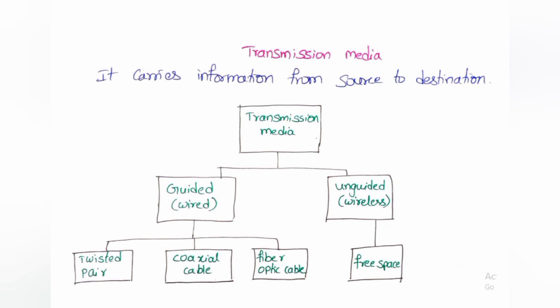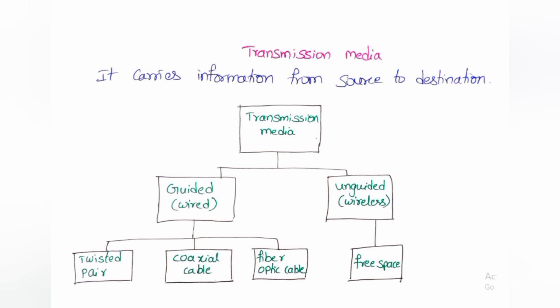So let us take an example. Two persons are communicating with each other. We can consider them as a source and destination, right? And the transmission medium between them is air.